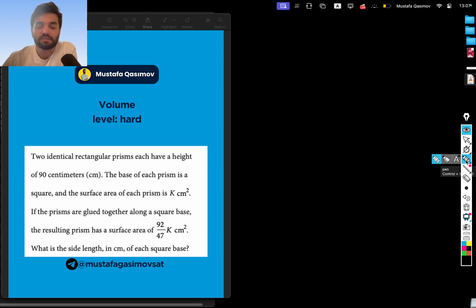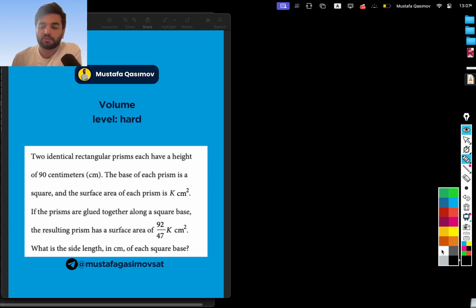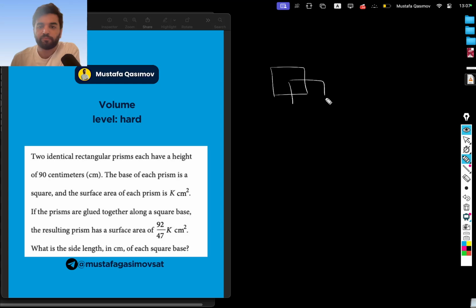Number 9. Okay, it's from Blue Book practice test 4, I think. It is hard for some students, but not very hard actually. But I never see this question in real exam, so listen carefully. We have 2 identical rectangular prisms. Let's draw one of them. It says it has a square base.